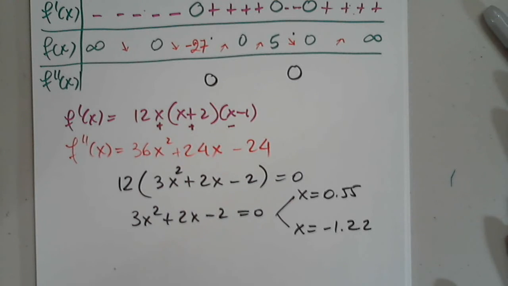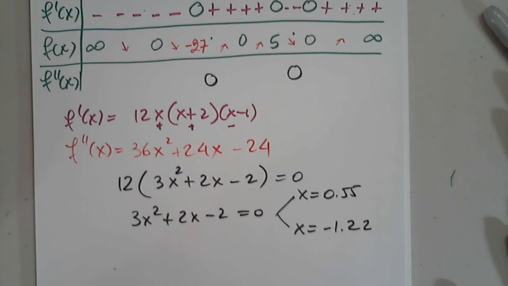I'm going to share my screen and do this. So I'm going to enter the function, the original function, which was 3x to the 4th, and then plus 4x cubed, and then minus 12x squared, and then plus 5.